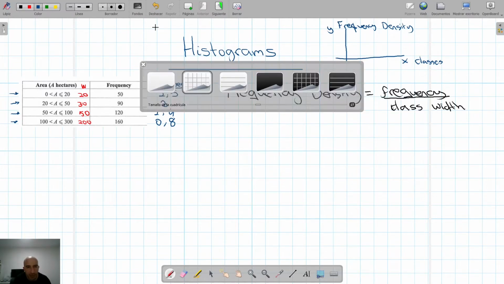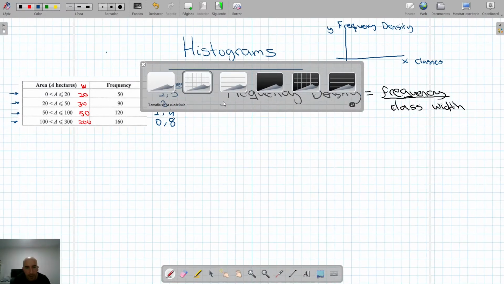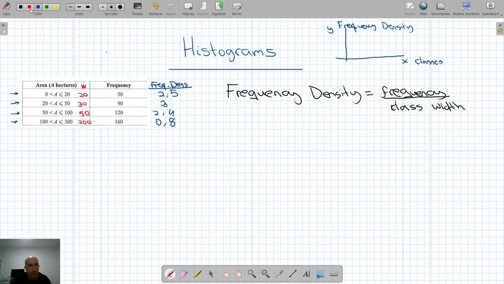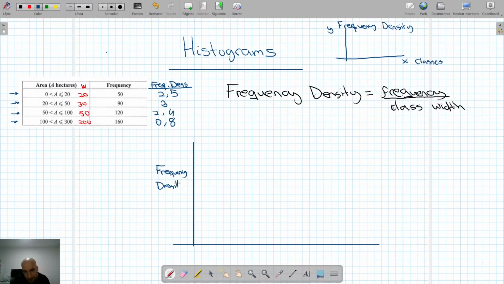So I'm going to change now, and I'm going to put smaller boxes there. Now we're going to do our histogram. As I said, the x-axis and the y-axis represent different things. The y-axis is going to be our frequency density, and our x-axis is going to be our classes.